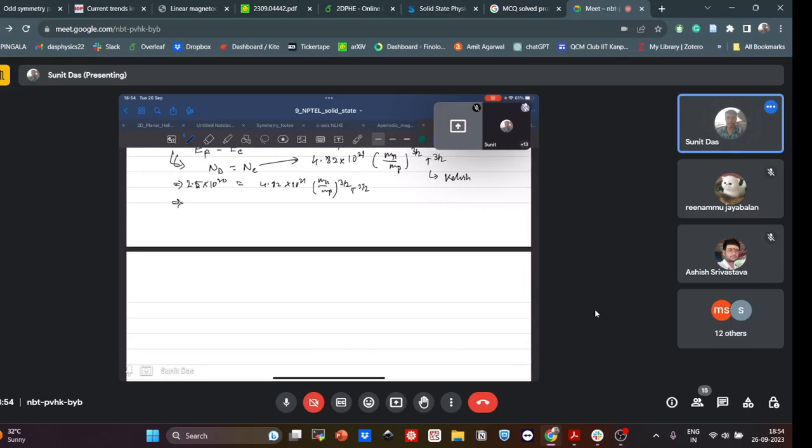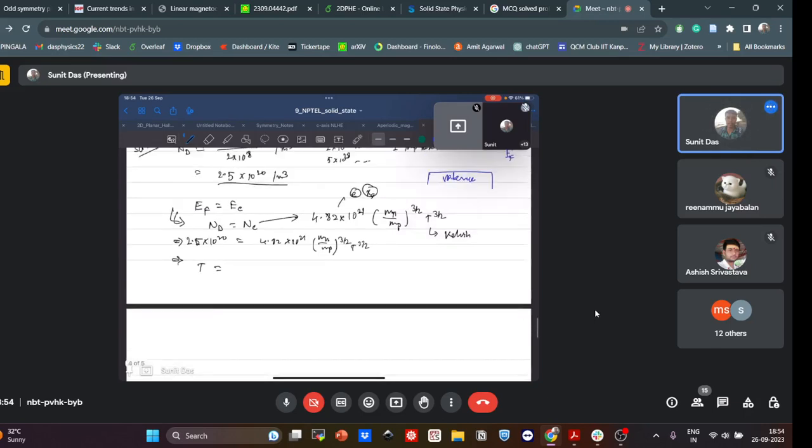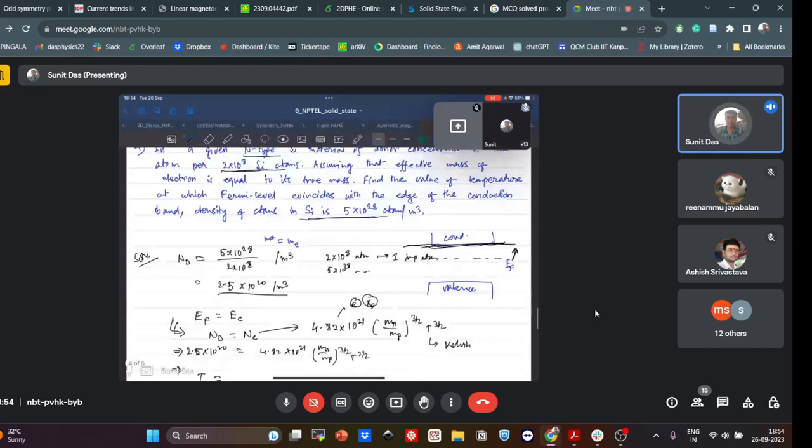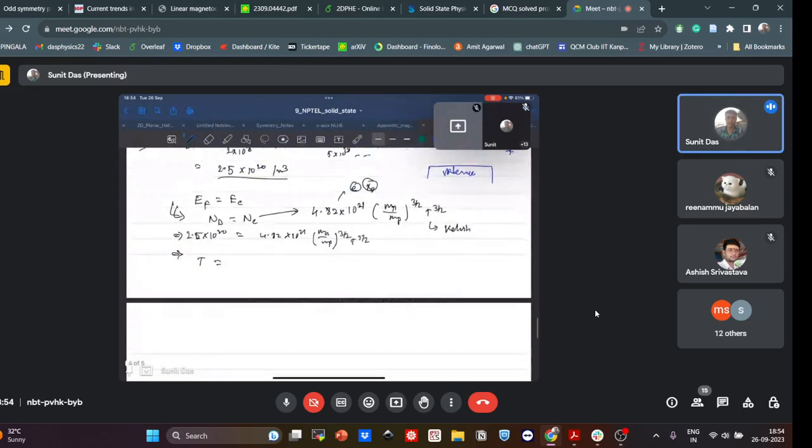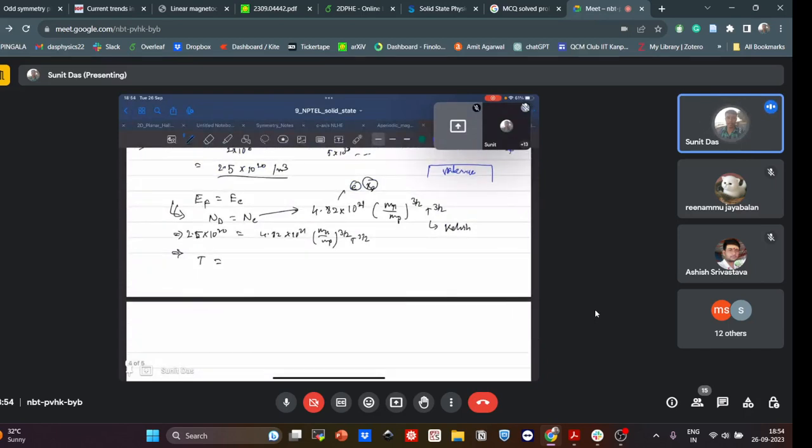So we need to find T. Another piece of information given here is that the effective mass of electron is equal to its true mass, and because of this, this term is equal to 1.